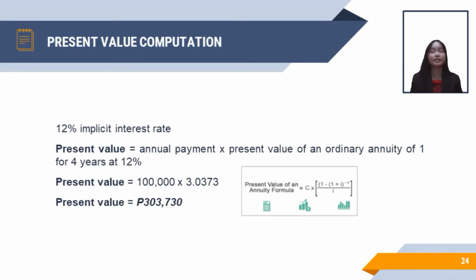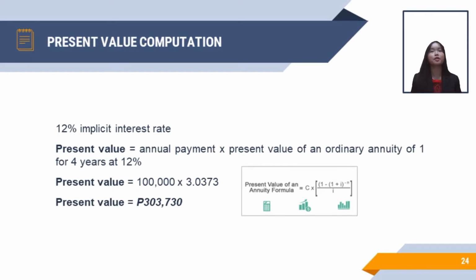To compute the present value of the annual payment of 100,000 pesos for 4 years, we will use a 12% implicit interest rate. So present value is equal to annual payment times present value of an ordinary annuity of 1 for 4 years at 12%.